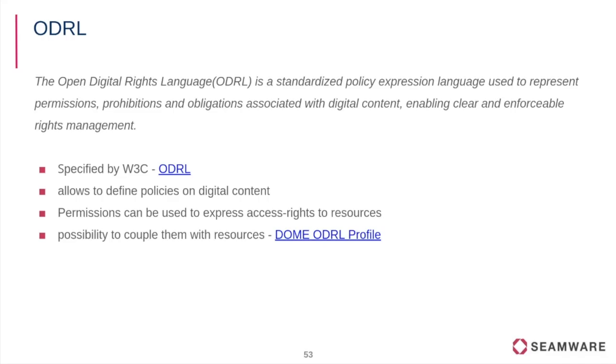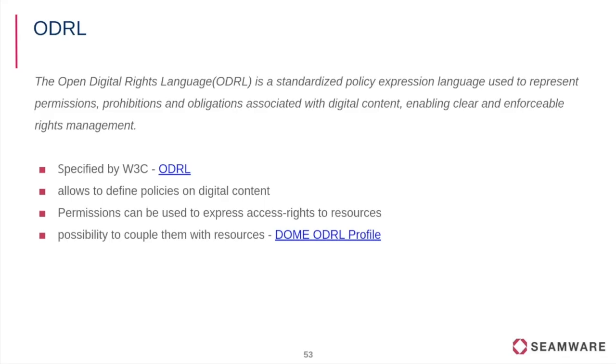ODRL is, as much of what I showed today, also specified by the W3C, and it allows to define policies on digital content. We are using it to express permissions on the resources that we want to make available. So we are not yet using prohibitions and obligations. We're only using the permissions part of ODRL to define access to the services and data that we offer in our data spaces.